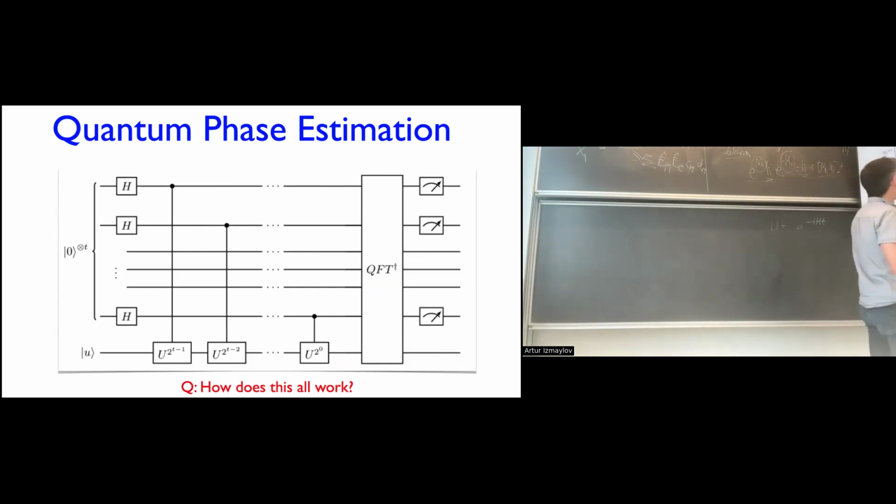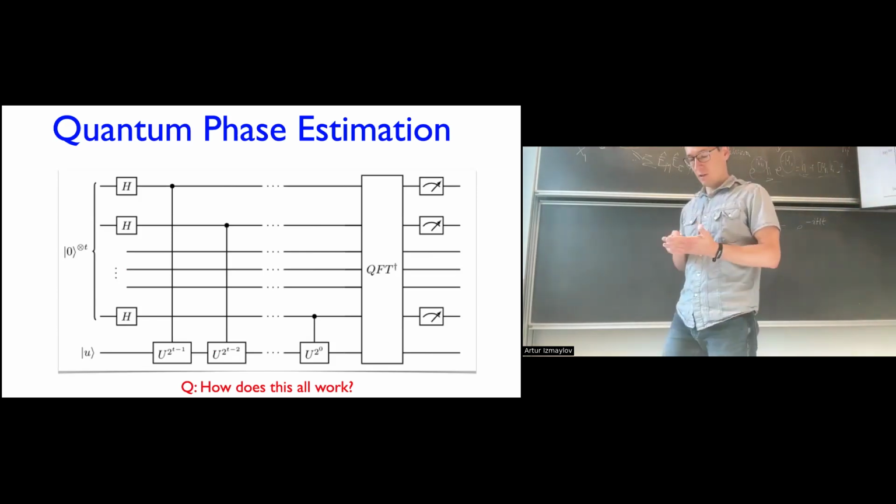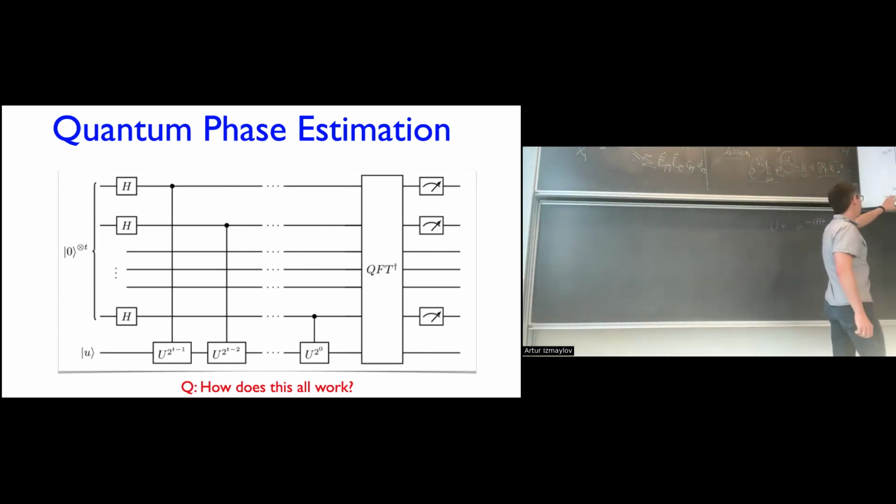And it looks quite complicated if you look at it. There are lots of qubits. This is the system. There are extra qubits, and then there are some transformations and the inverse quantum Fourier transformation, and then there's a measurement involved.